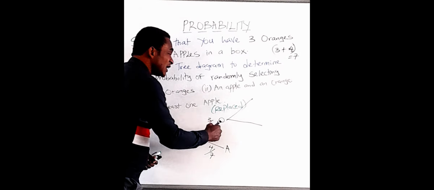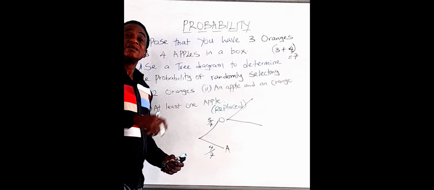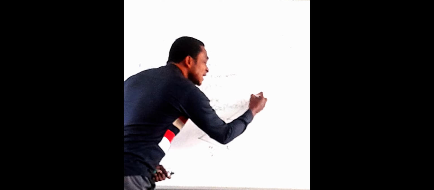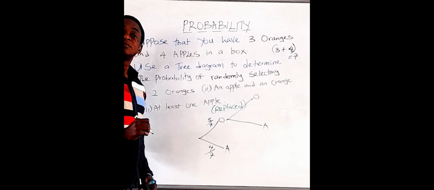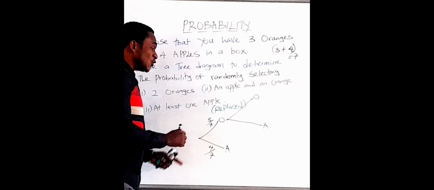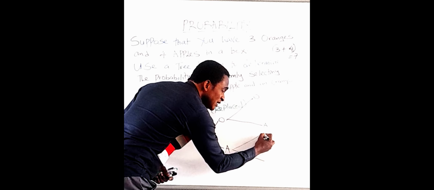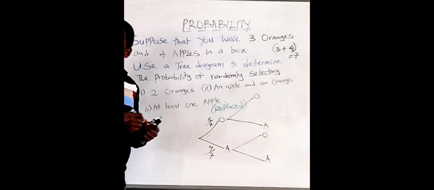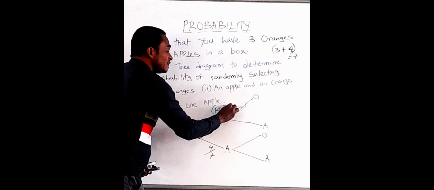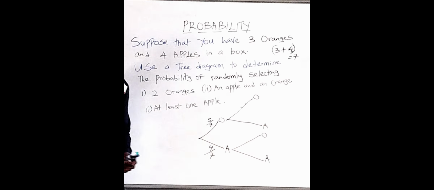So if we selected an orange in the first one and replaced it, the second action could also be an orange or it could be an apple. If from the first draw we selected an apple, the second draw could also be an orange, or we can select an apple. So these are the double actions we have taken here.